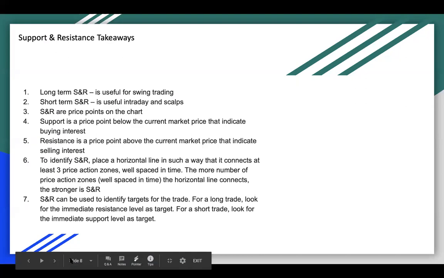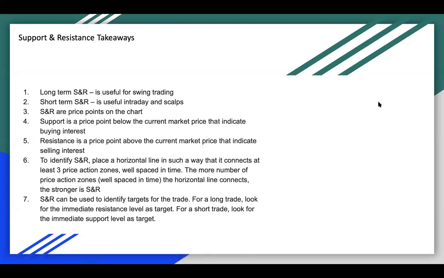Long-term support and resistances are useful for swing trading. Can you guys give me an example of what time frame a long-term support and resistance can be? It depends. On Thinkorswim, they give you an option to look at a 4-hour chart. You can look at a 20-day 4-hour chart, or a 180-day 4-hour chart, or a 200-day 4-hour chart.